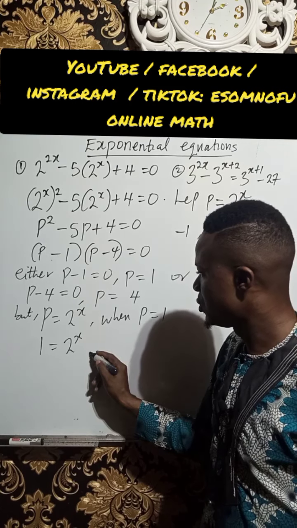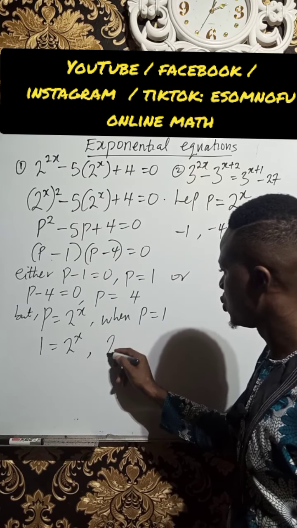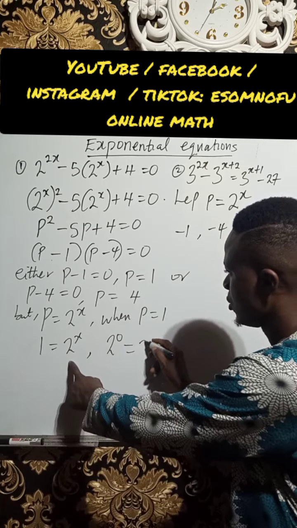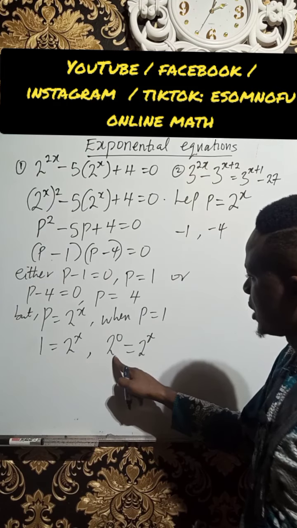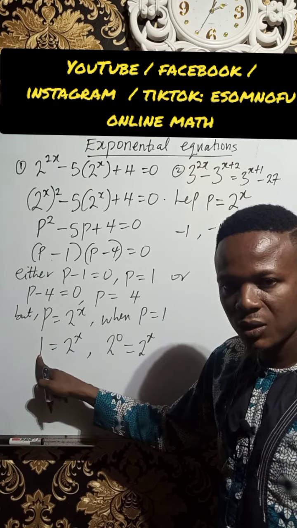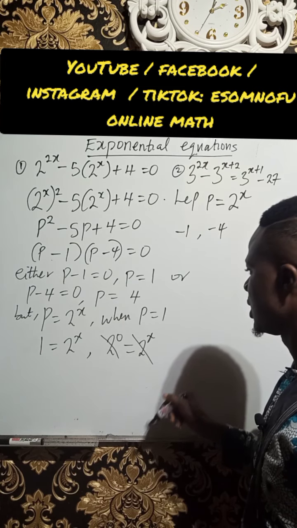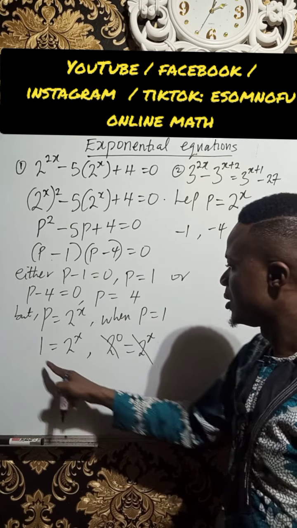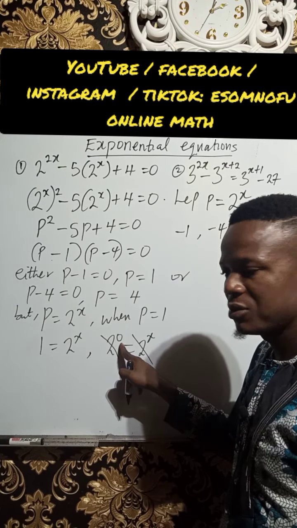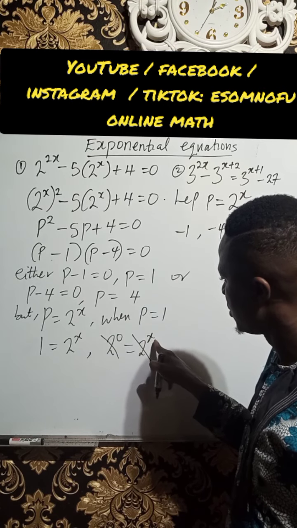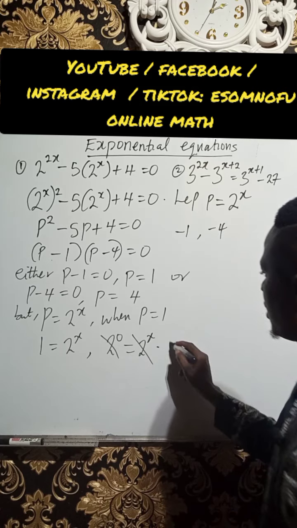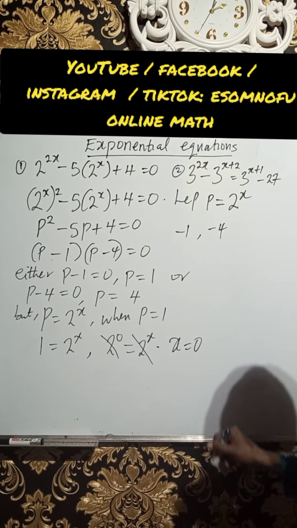Because the base is 2, I want you to change this 1 to 2^0, equals 2^x, because any number to the power 0 gives us 1. The reason for doing that is that I want to generate common bases that will cancel out. This is the same thing as 2^0, so this will cancel out, leaving us with x = 0. So here, x = 0.